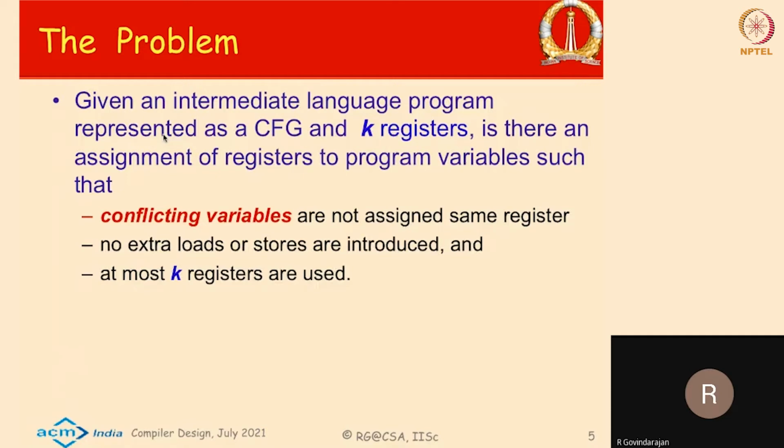Among the set of variables and temporaries that you have, which ones should be allocated these k registers such that you minimize the number of spill loads and stores that you would incur, and the program uses at most k registers? Some of these variables are assigned to registers, other variables are accessed from memory and then written back into memory. You can share the same register for two variables, provided they are not conflicting with each other. I will tell you what this conflicting is a little later on.